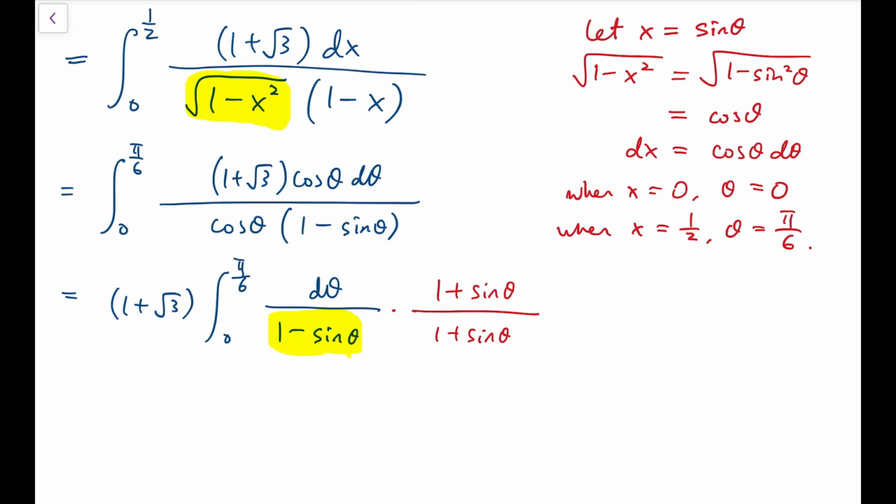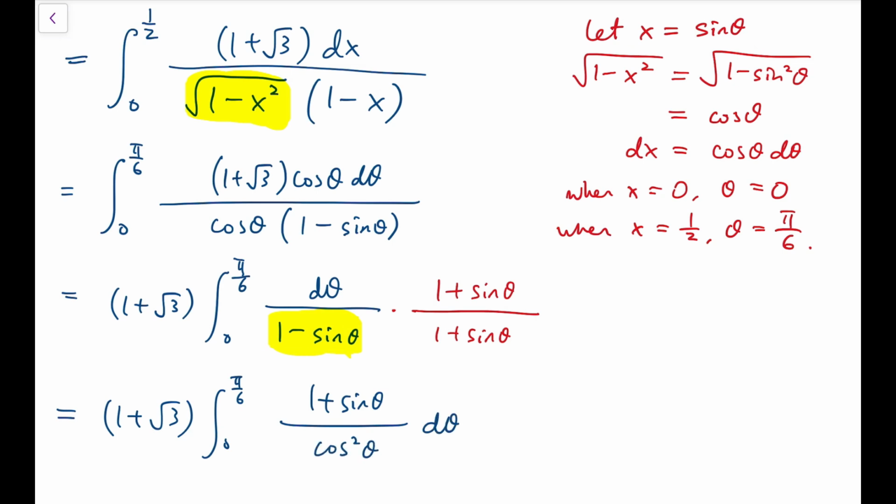But if I multiply by 1 plus sine theta, I would then get 1 minus sine squared theta, and I can rewrite that as cosine squared theta d theta.